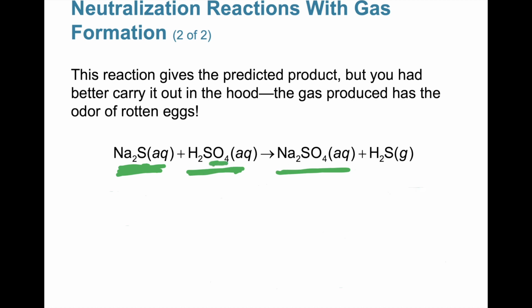That's how you get sodium sulfate, which is soluble in water, right? But then, interestingly enough, the product is hydrogen sulfide gas. And so instead of having water be the product, you actually get hydrogen sulfide gas, and that escapes from the reaction as a gas.